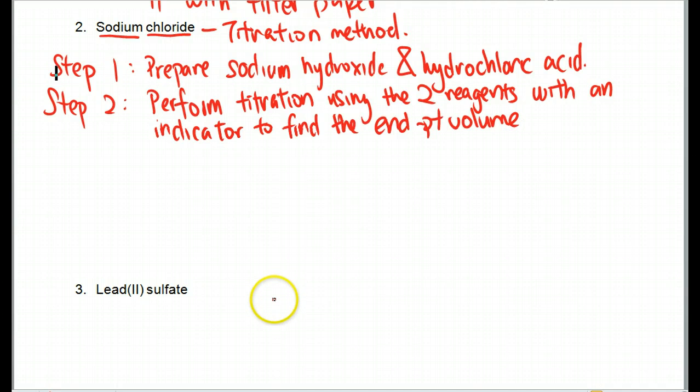Okay, this is step 2. You perform a titration using sodium hydroxide and hydrochloric acid to find the endpoint volume.